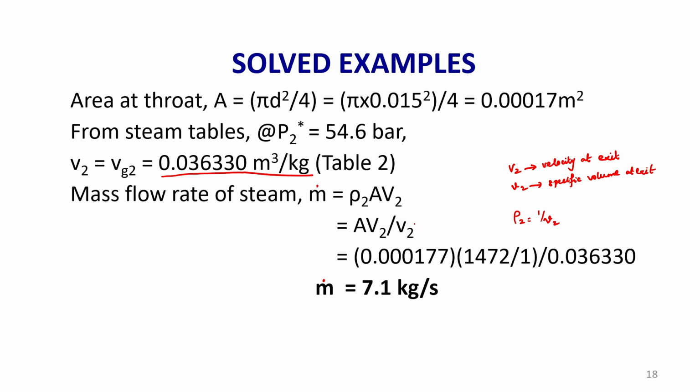This I will substitute here, that is 1 by specific volume in the numerator, area into velocity. Capital V is the velocity, small v is the specific volume. That is how you arrive at the mass flow rate. This part was not explained due to shortage of time.